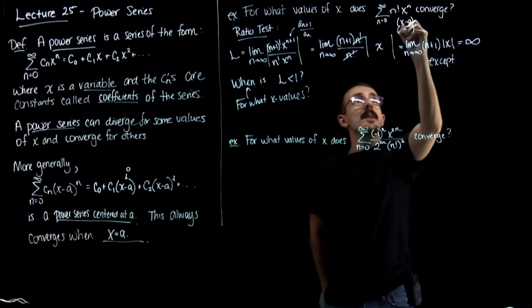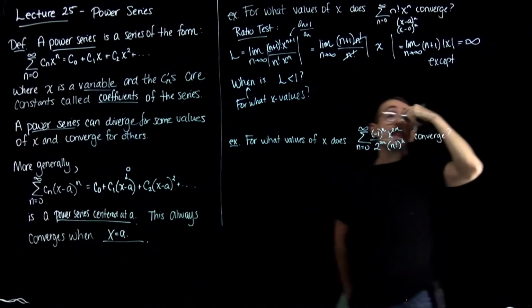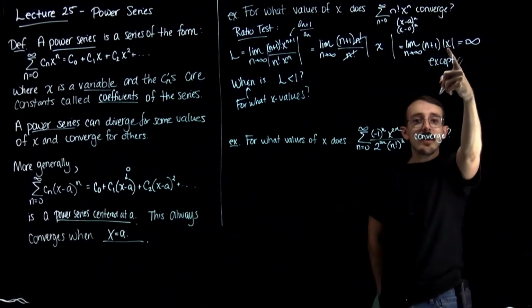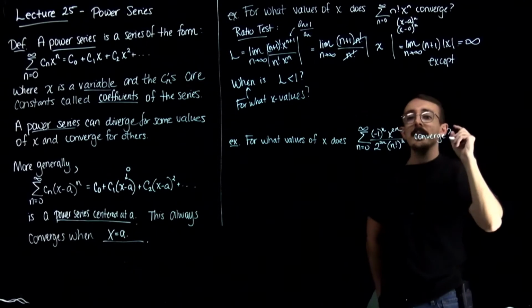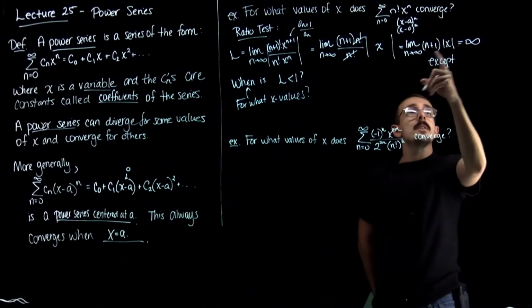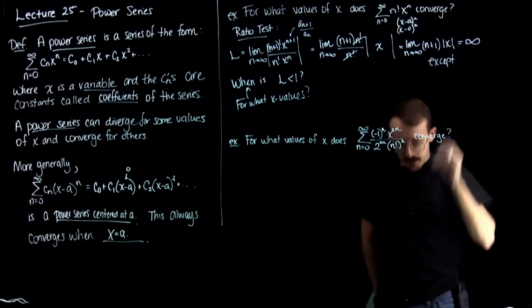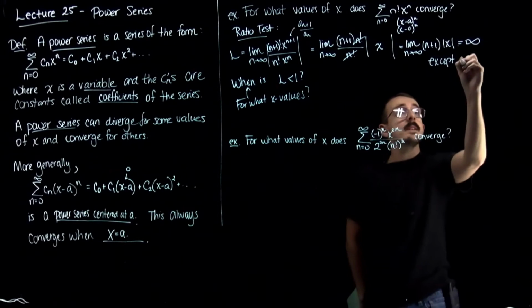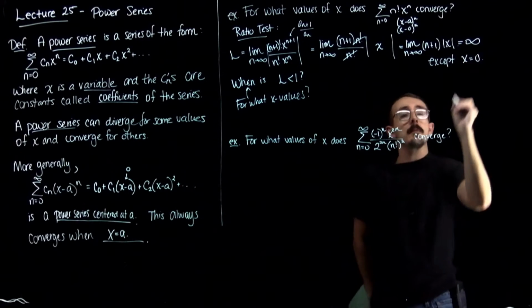There's nothing here, so actually the form is x minus 0. So if you plug in 0 here, this is the only exception where you will have the limit as less than 1. So I'm going to say this is true, except when x equals 0.